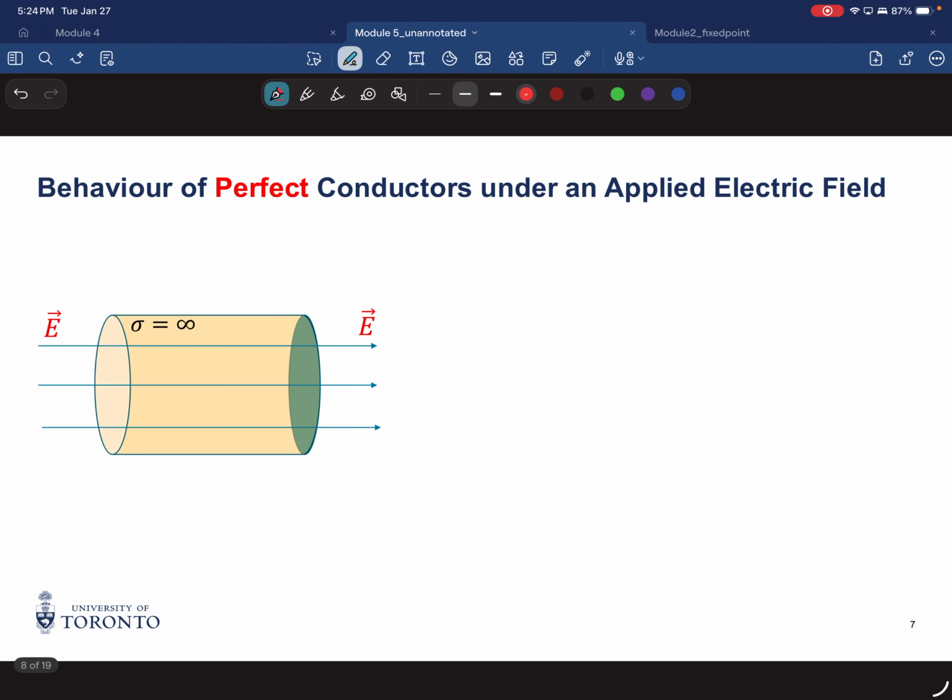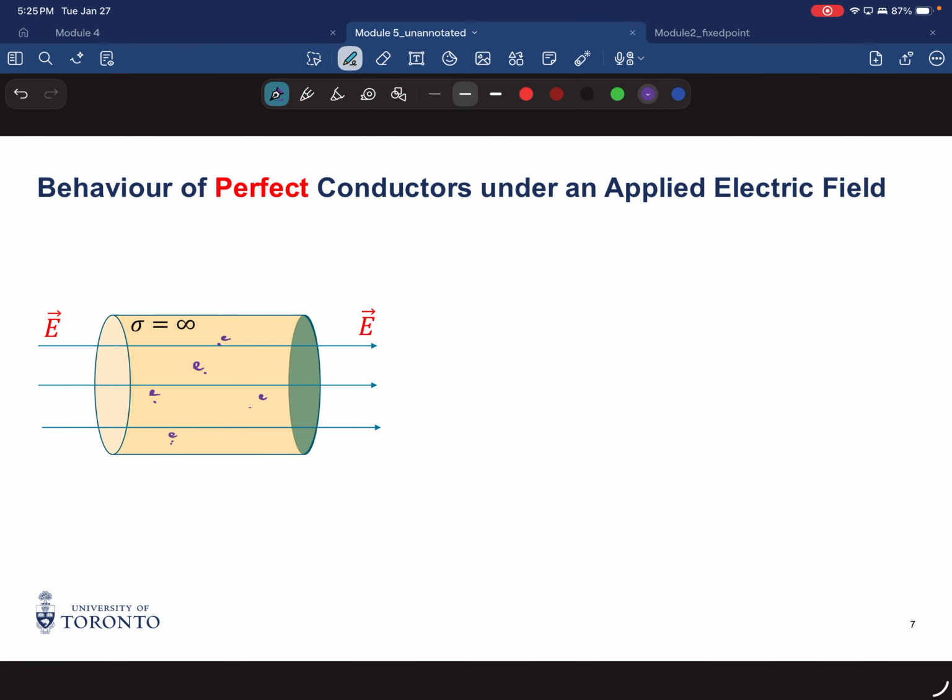So now that we know perfect conductors with infinite conductivity have that many electrons, what would happen if we apply some external electric field to them? So we have lots of electrons here, lots of them, just go as big as you can imagine.